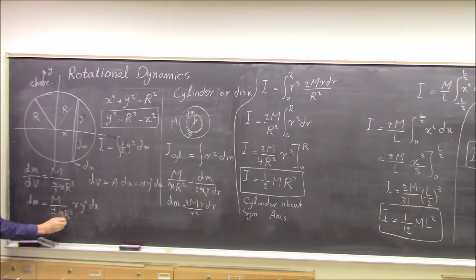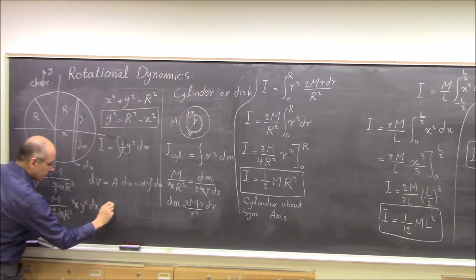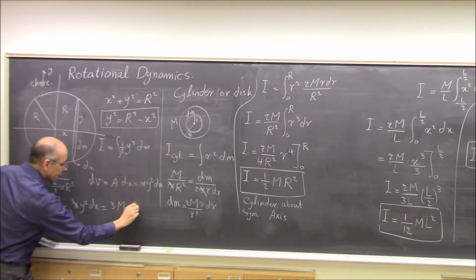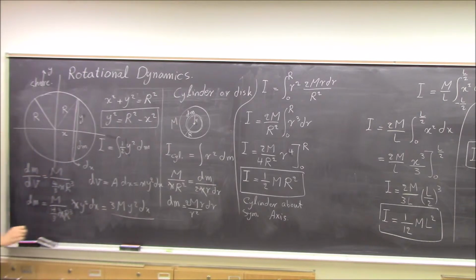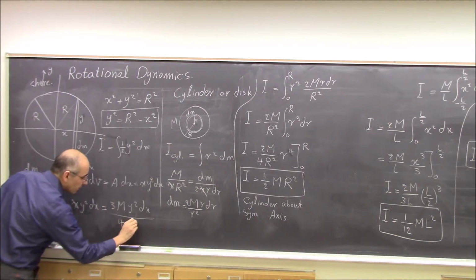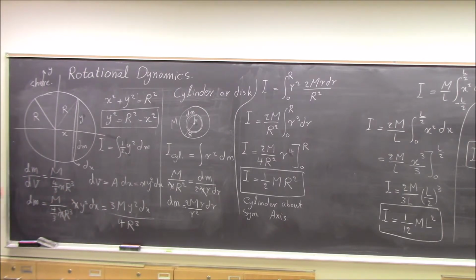And pi cancels out. This 3 goes up, becomes 3m y squared dx divided by 4 R cubed. That's the dm.